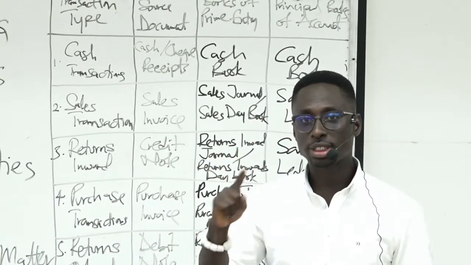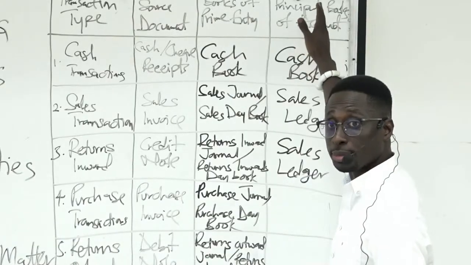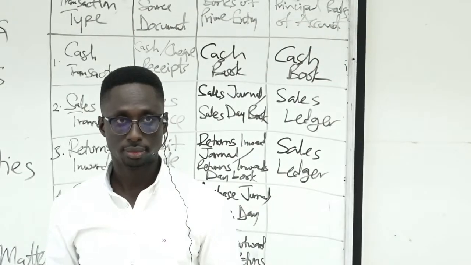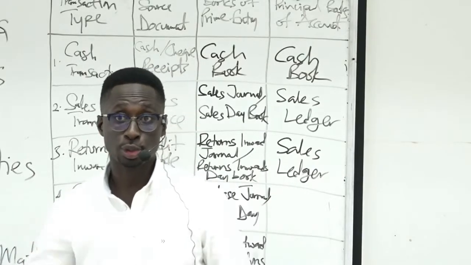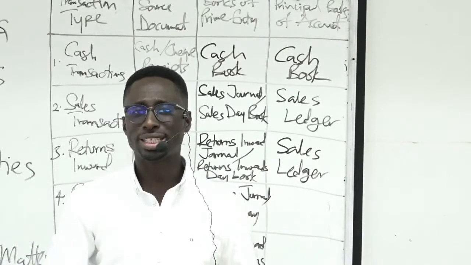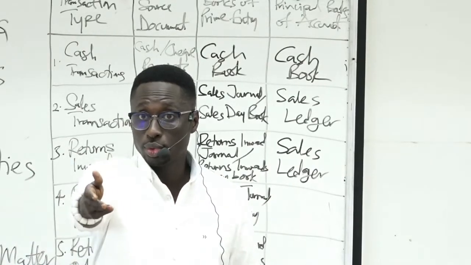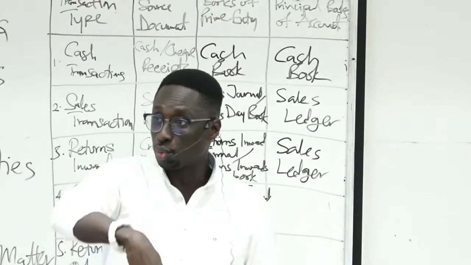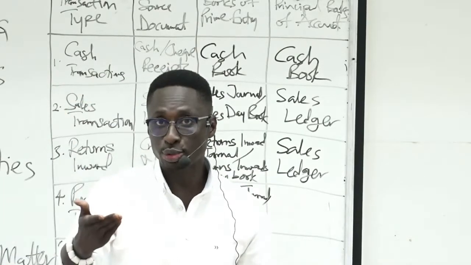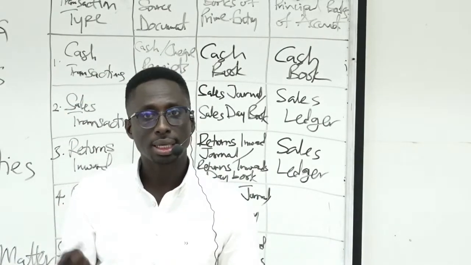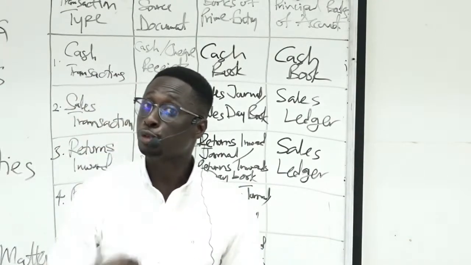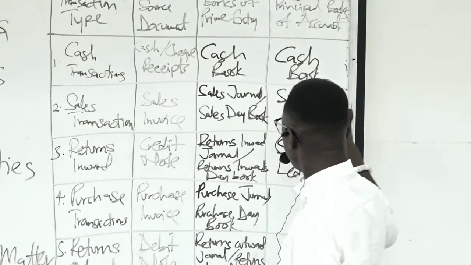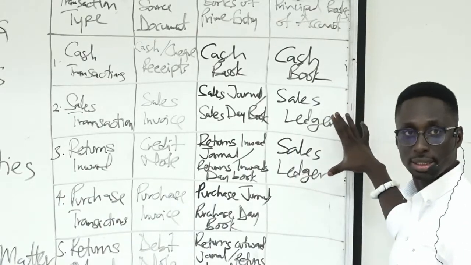But the principal books do not happen only in respect of sales transactions. I need to be able to tell the true value with the return on the other side. Once you have returned a portion of it, the true value that I should be expecting from the sales, that's why we have both of them sitting.